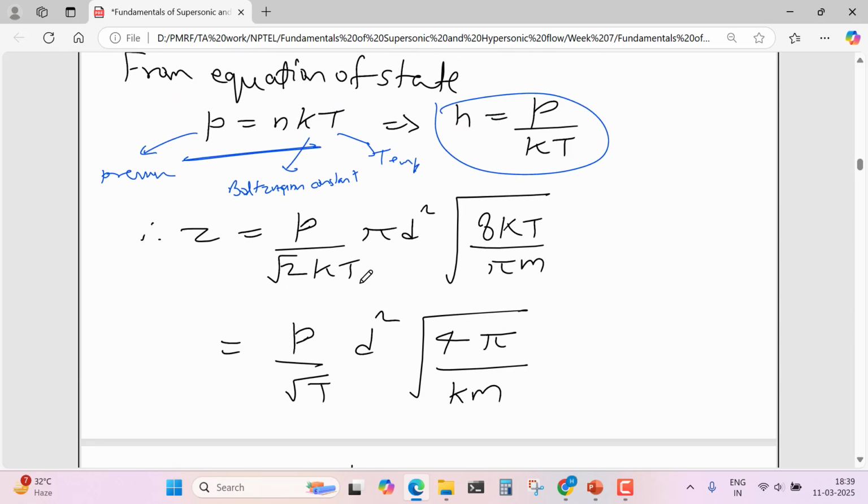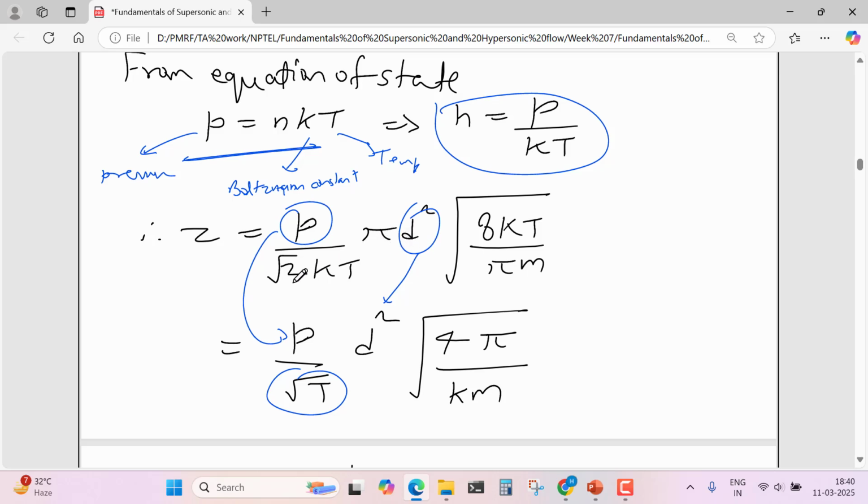Here we will take P and root T separately. This P will come here. This T and root T, if simplified, will come 1 upon root T. This d square will be here.